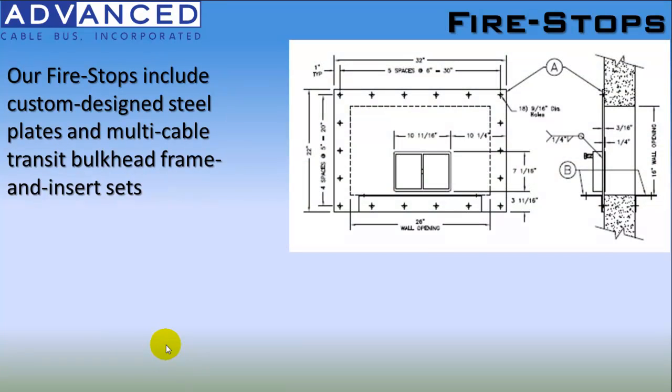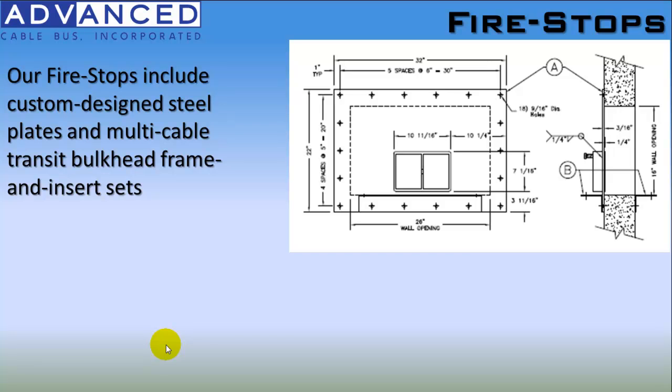And the custom designed plates will be designed and sized to fit over the wall opening, and we can either custom design the plate to match the wall opening in your building, or we can also provide you with a recommendation for the wall opening size that is needed, and then we design the plate according to that.